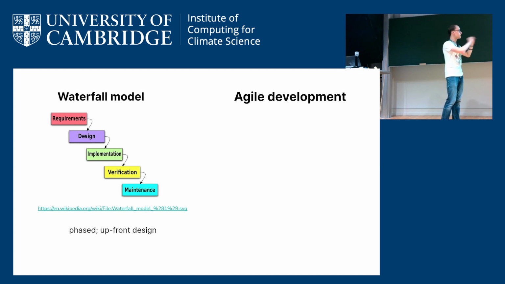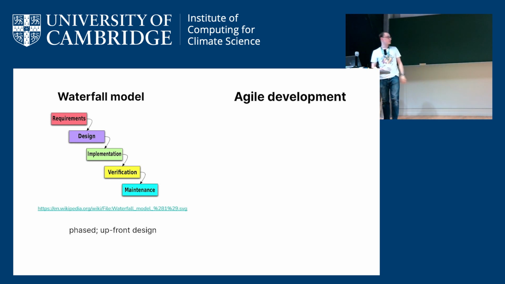So you do all of the design work up front, and then you spend all the time doing your implementation and checking. And if you have to go back to a previous stage, then the theory is that you lose lots of the work that you did before because you can't go up the waterfall, you have to redo all the work.